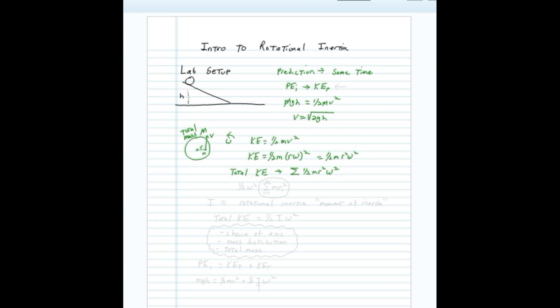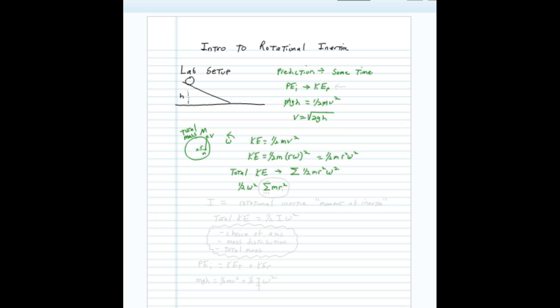But think about the fact that the omega doesn't change. Every single particle has the same omega. And obviously, the half isn't changing either. So we pull those out and get this, and add up the m r squared for every single particle that makes up this object.